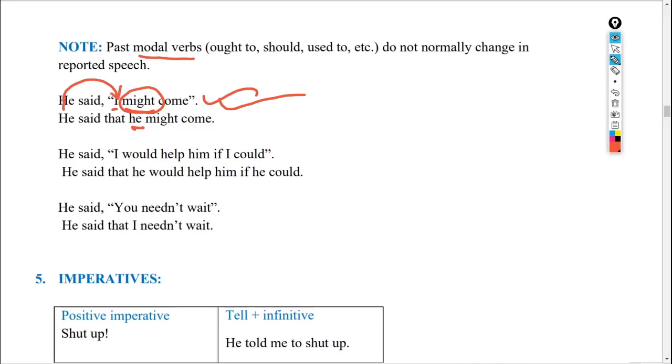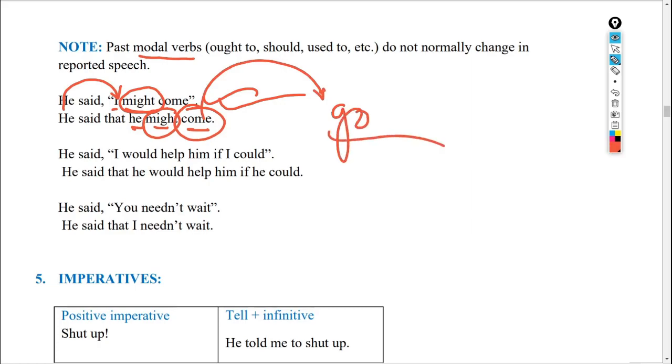He might come. So when this might is coming, then the verb come will never change. One thing you can do here, instead of come, you can write go. Go will be a little remote. Therefore the answer may optionally be correct: He stated that he might go.